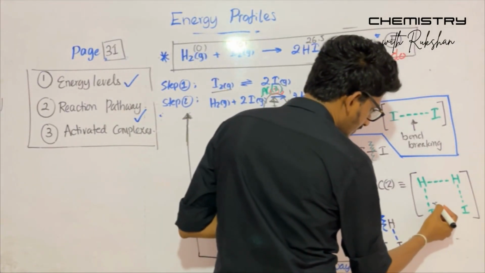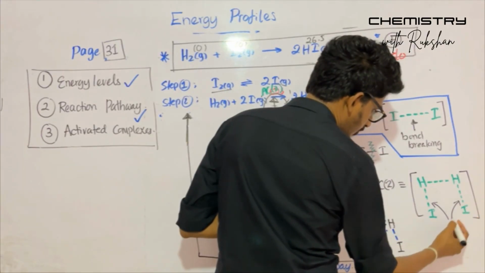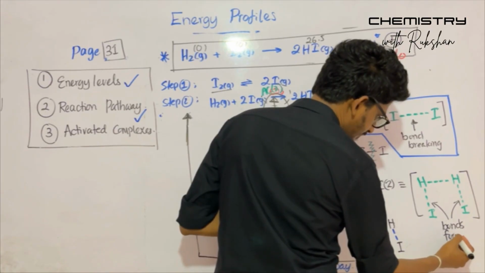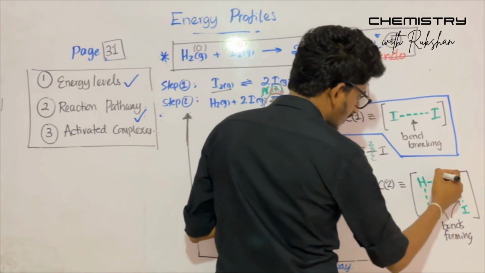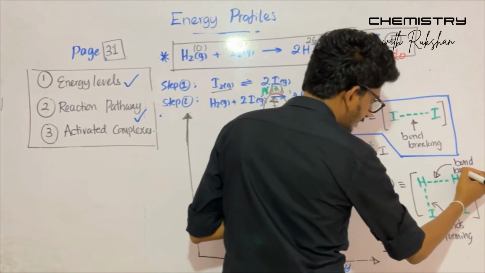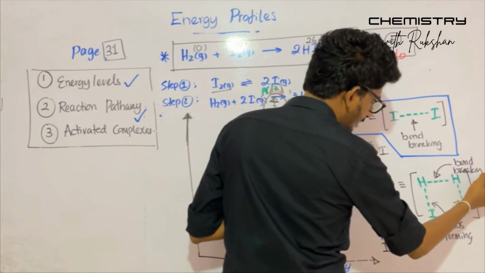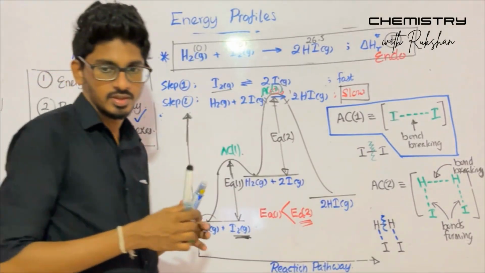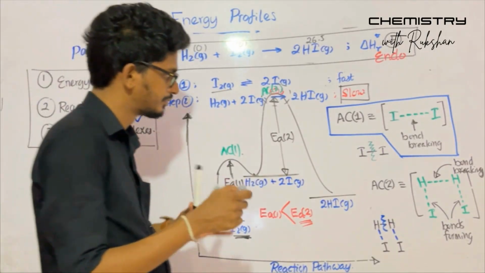These are the bonds to form. This is the bond to break. Right? So that is diagram 2.